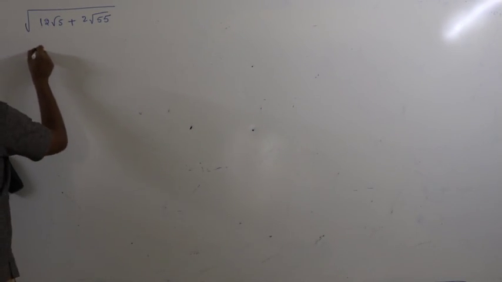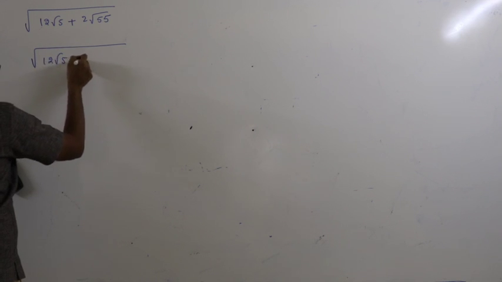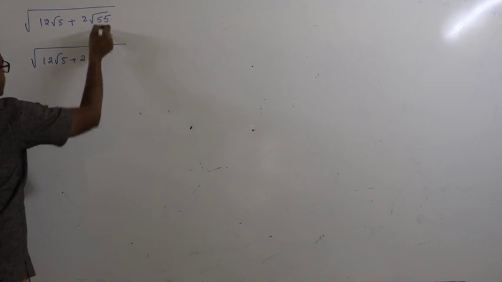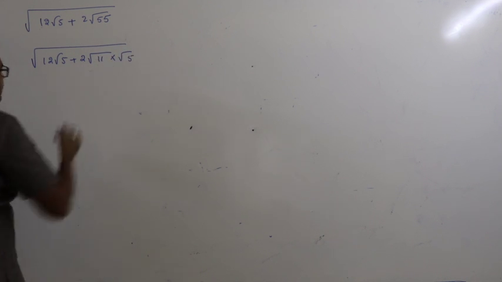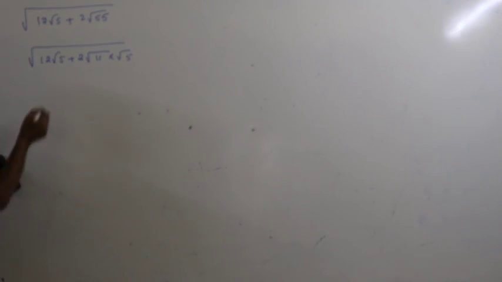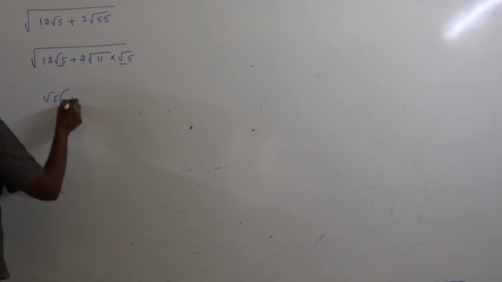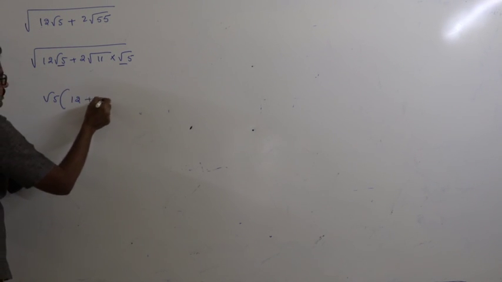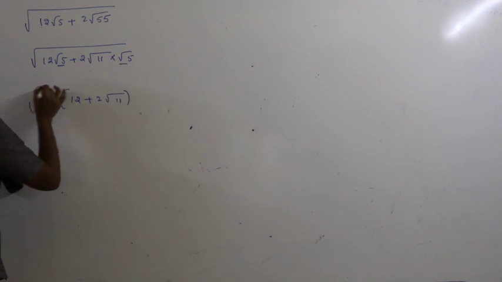This is square root of 12 root 5 plus 2 into, so 55 is 11 into 5, root 11 into root 5. Root 5 is taken common. This is the square root of root 5 into 12 plus 2 root 11.